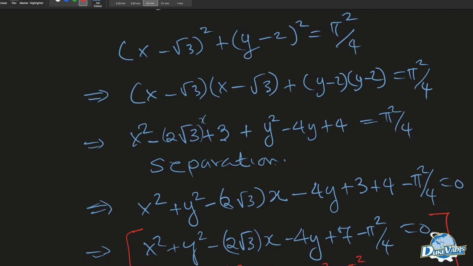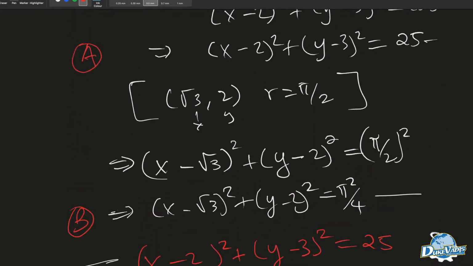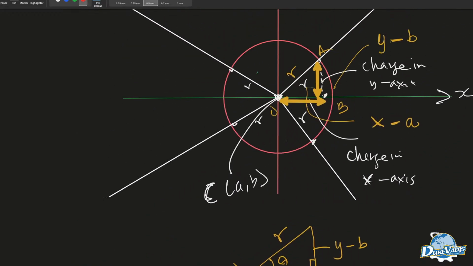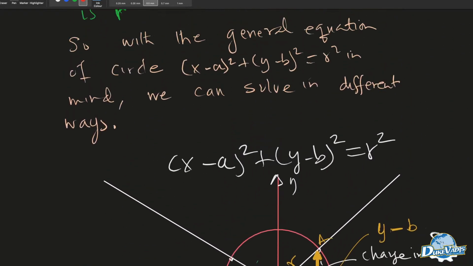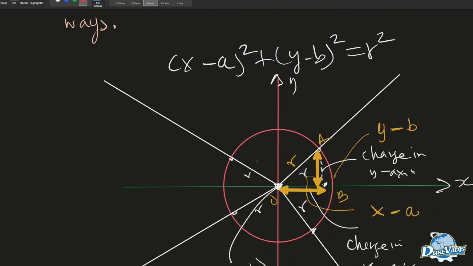So, in saying that, we have seen that the whole equation of a circle was derived by the knowledge of our almighty Pythagoras theorem. As you can see from the diagram, you don't need to memorize this, but you need to understand the basic concept that makes life easier.